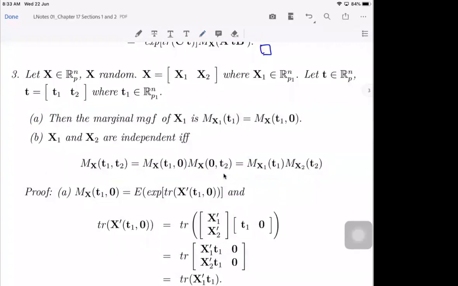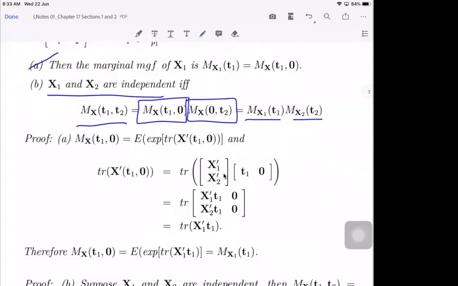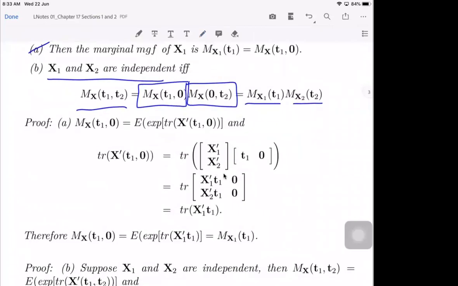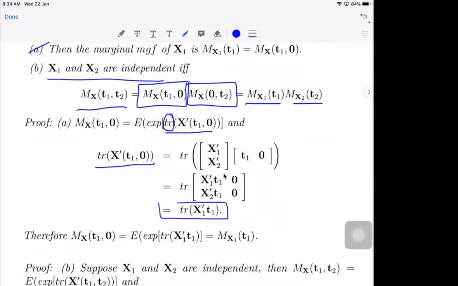So for the proof, this is similar to what we have done in the univariate case, except that this time you will have a trace in your moment generating function. So I think you can follow through that. You first find the trace, which is just the trace of the sum of that.